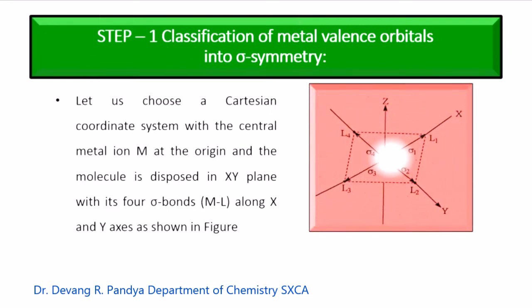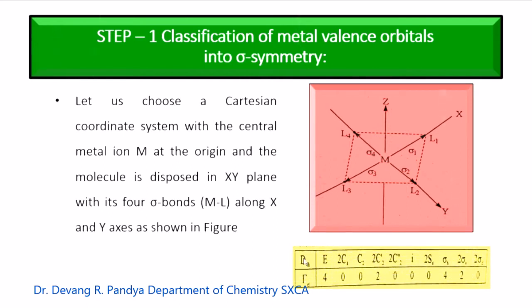You can see the X axis, Y axis and Z axis. As I have already said in comparison with octahedral geometry, there are no ligands 5 and 6 on the Z axis. That means the Z axis does not possess any ligand, while the X axis has ligands 1 and 3 and the Y axis has ligands 2 and 4, and they form the 4 sigma bonds. This interaction we are going to discuss today.